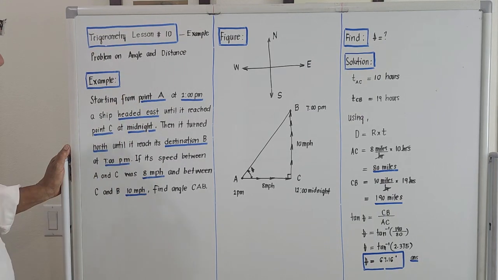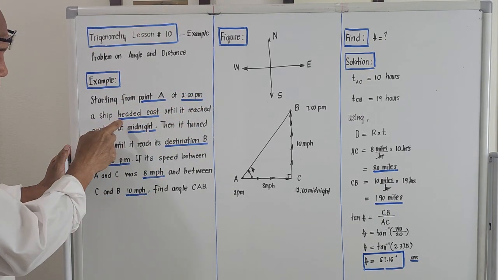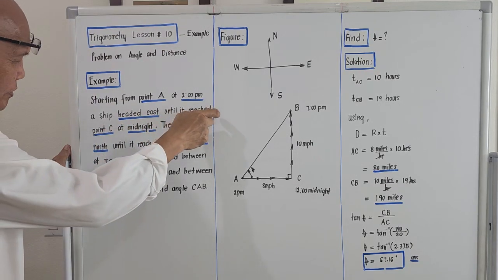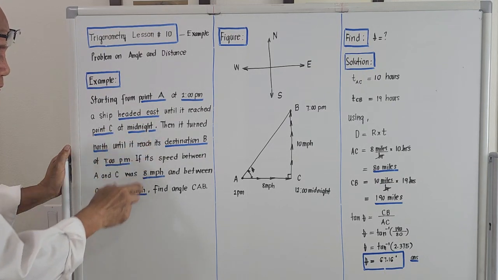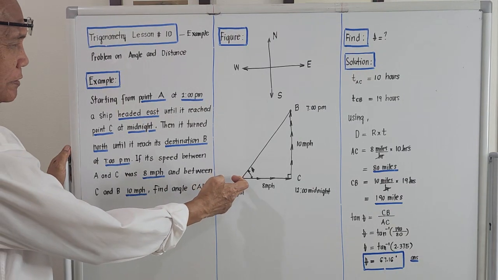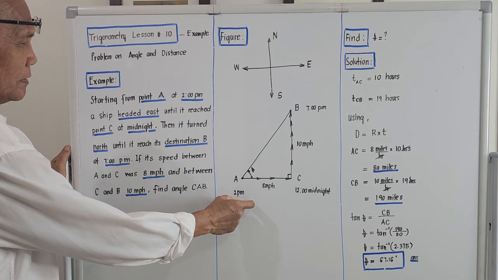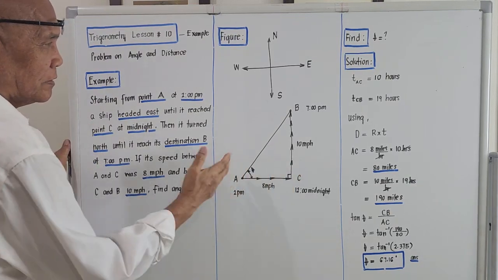Starting from point A at 2 p.m., a ship headed east until it reached point C at midnight. Starting at point A, the initial time is at 2 p.m. A ship headed east.